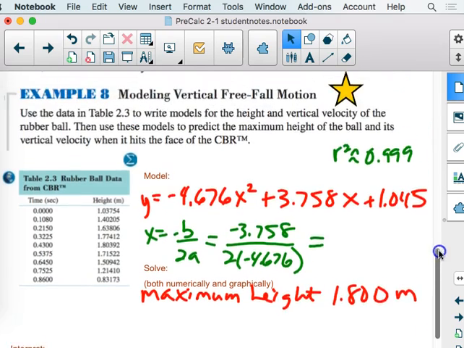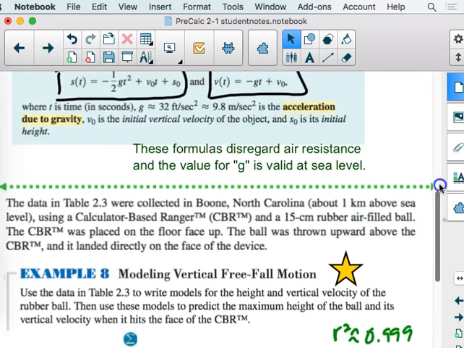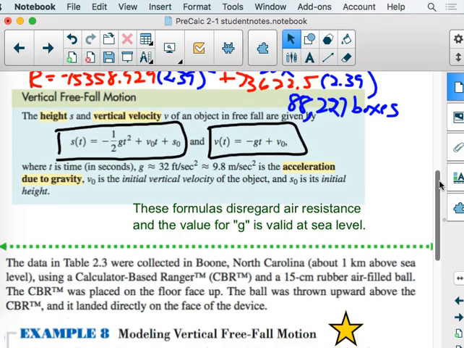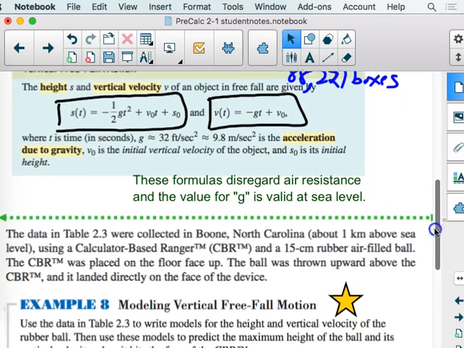Okay, well, there's a formula for that. Right here. V sub t equals negative g t plus v sub 0. But I have to know what g is. The good news is, the prediction that I made with my formula matches this.